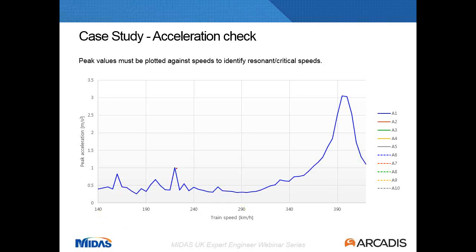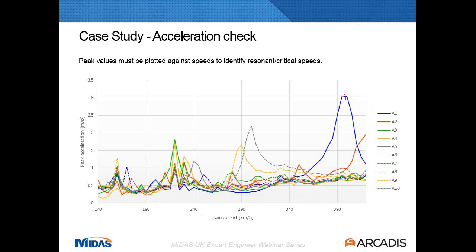Maybe I have a speed around here that makes more magnification of the acceleration, but I really have a resonance speed around 395 kilometers per hour over here. I have to do that for train A1, but for all the different trains as well, up to A10. And then you will notice that the resonance speed changes depending on the train. For instance, for the train A10, there is a resonance speed around 300 instead of 395.